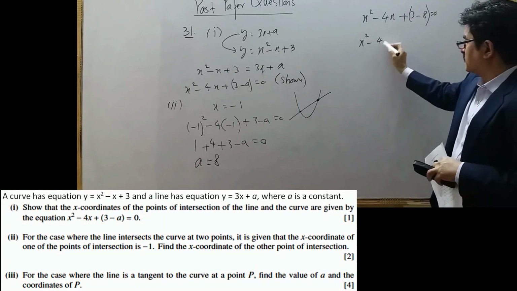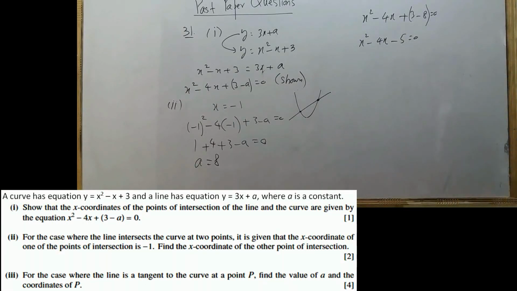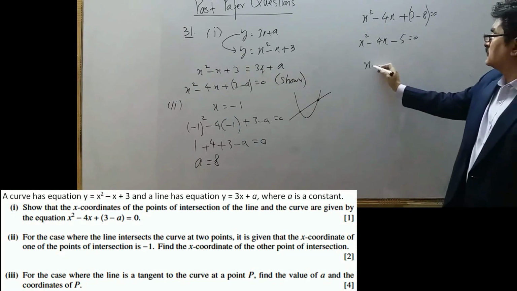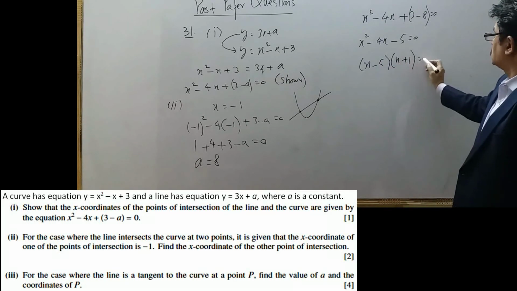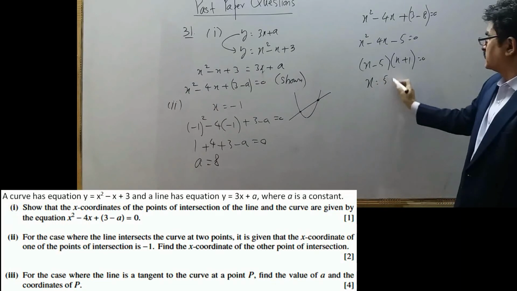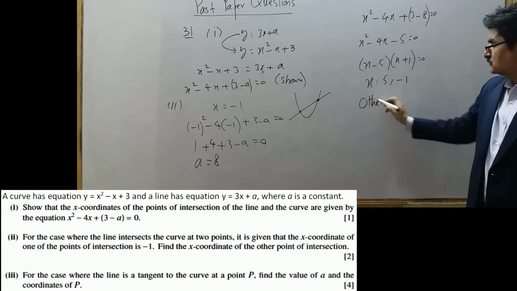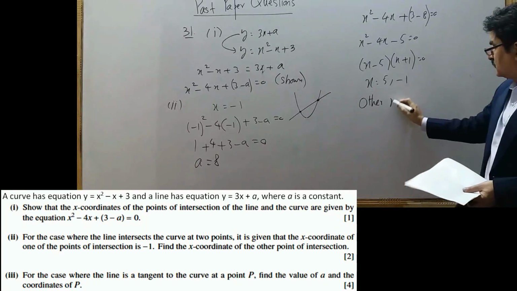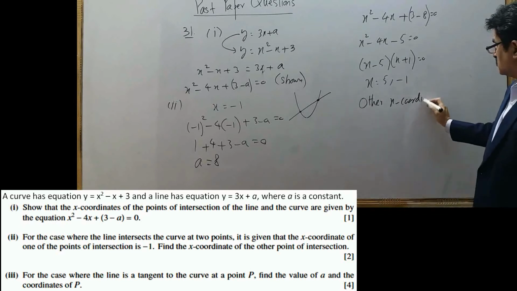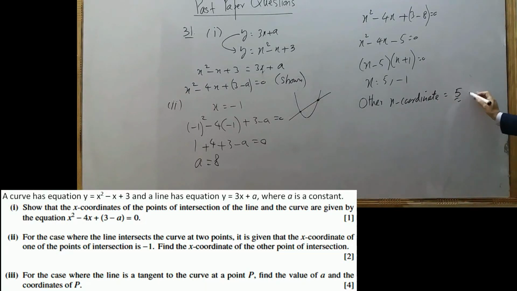Now we have x square minus 4x minus 5 equal to 0. Now if you factorize this equation, you will get (x minus 5) into (x plus 1) equal to 0. From here you will get x is 5 and minus 1. So the other x coordinate will be equal to 5. So this is the answer to the second part.